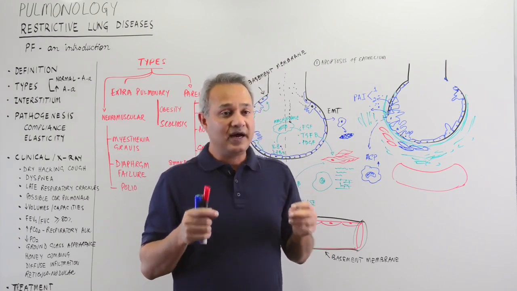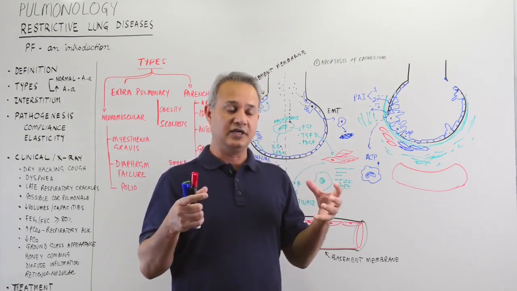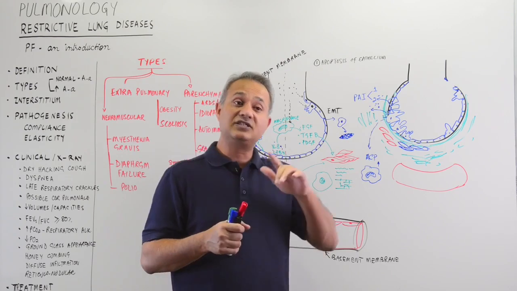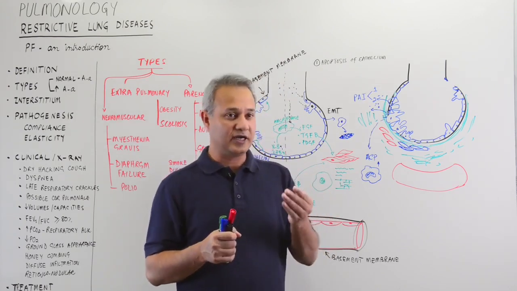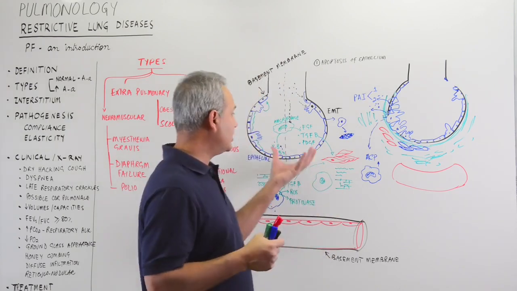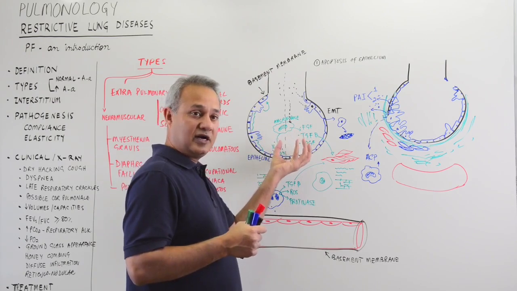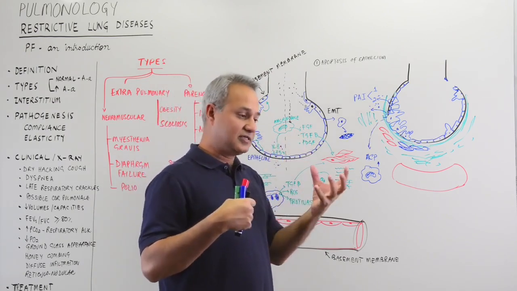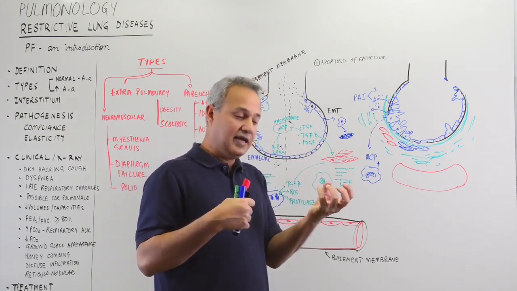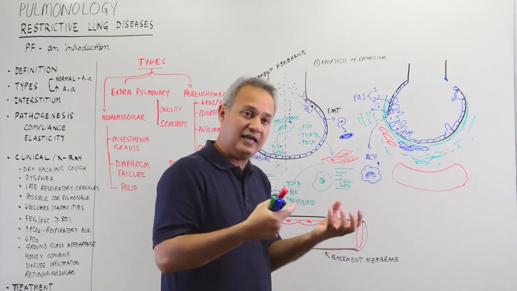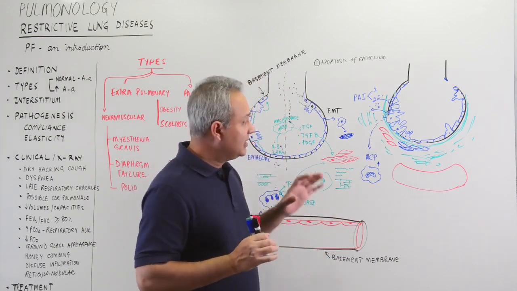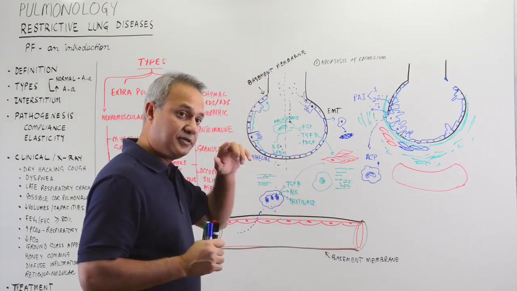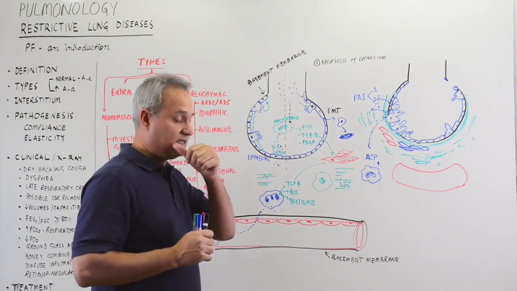So compliance or the expansibility is reduced. Elasticity is increased. Don't forget this. Why? Because there is a lot of scar tissue. So if you try to fill this, the scar tissue is going to press in, and it is going to be easier to exhale fast. So compliance reduced, elasticity increased.